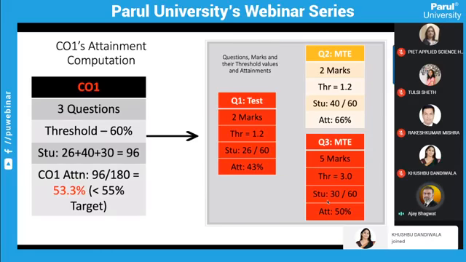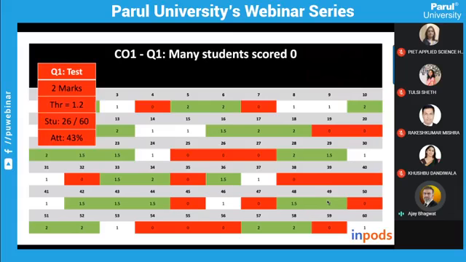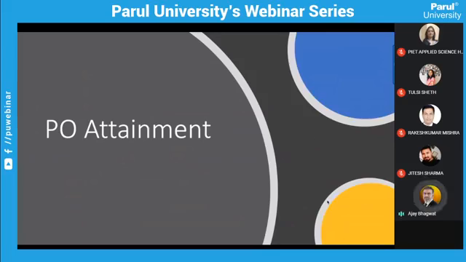It immediately changes the perspective. And then when you go back to your analysis, you'll see that there are quite a few students who scored 0, and they are the ones who have to be taken through remedial action, so that next time when a question related to CO1 is asked, their performance is likely to be better. That is the idea here.